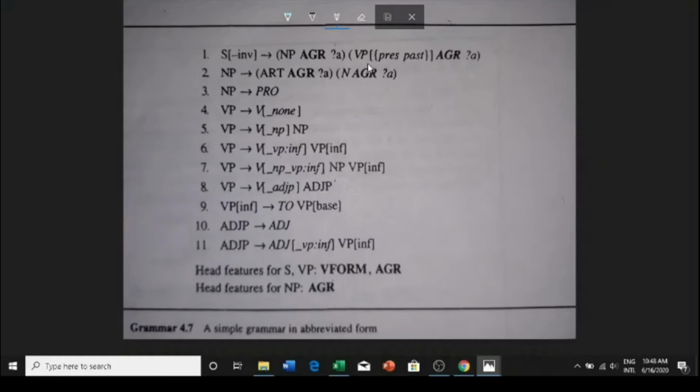What is meant by a head constituent? A head constituent means the constituent which shares some features with the mother. In the case of S and VP, they share some features together. Those features are known as head features.